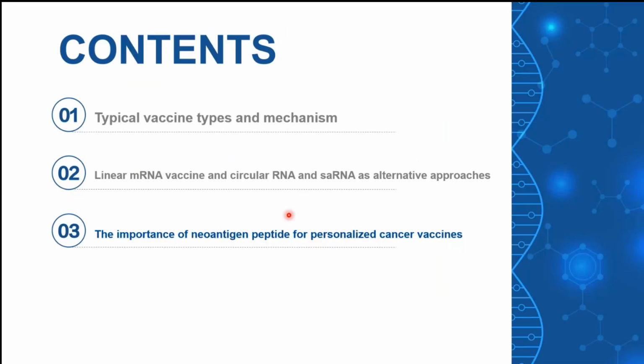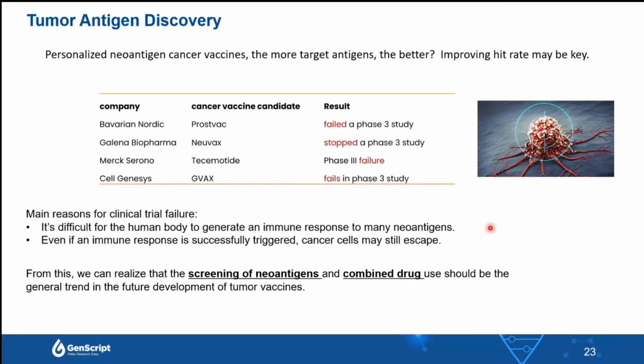Okay, we talked about mRNA, and now let's take a look at the importance of neoantigen peptide for personalized cancer vaccines. Talking about personalized cancer vaccine, first we should identify the tumor antigen.